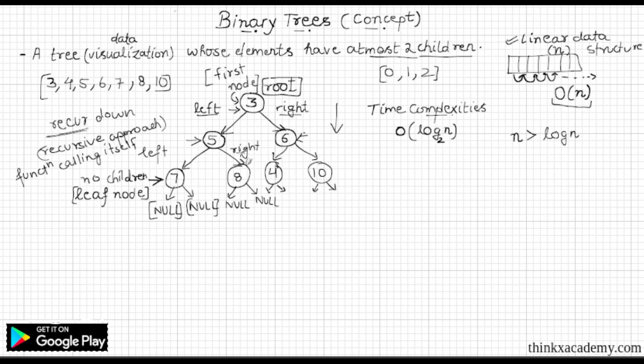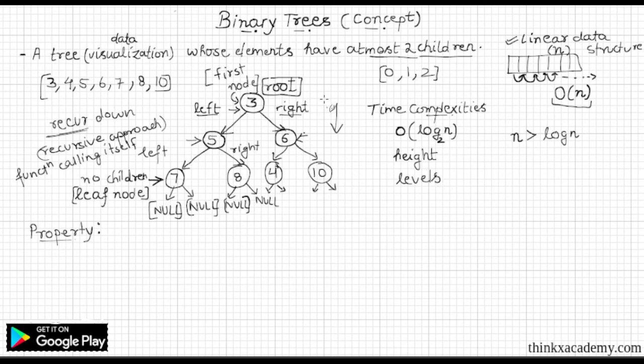At this point, we are going to write some of the properties of a binary tree. First of all, I want to define 2 more terms here. One is the height, and another one is the levels.